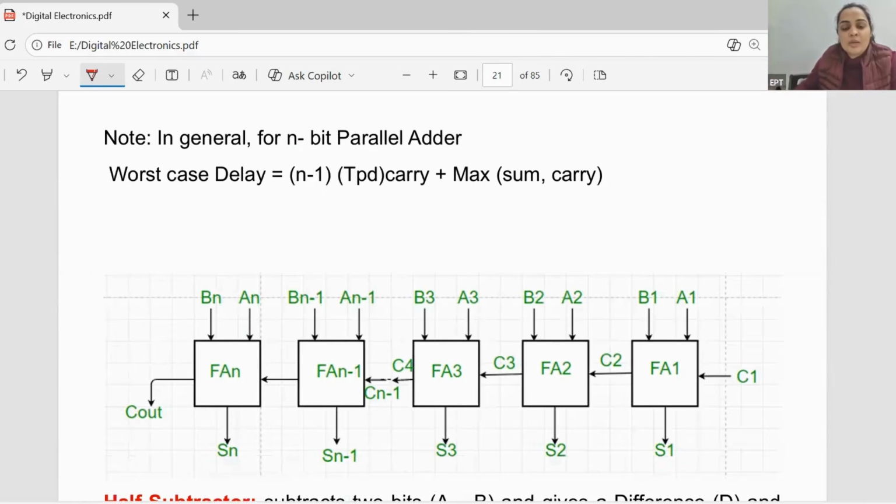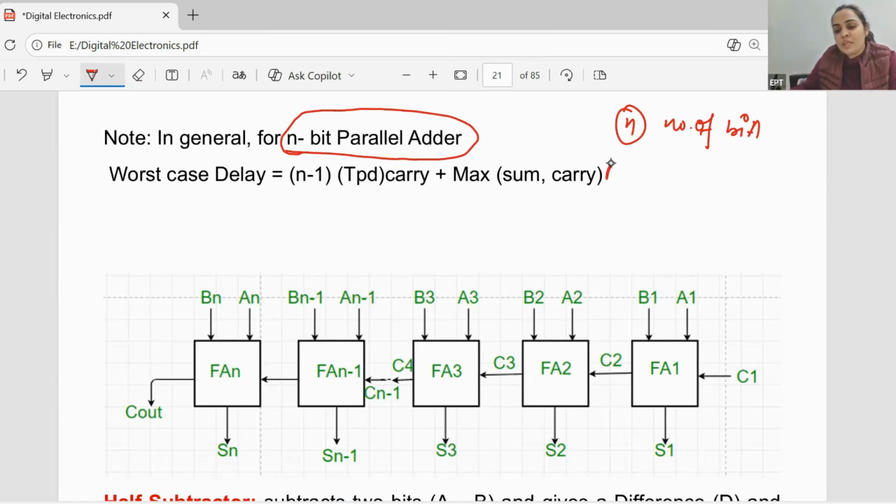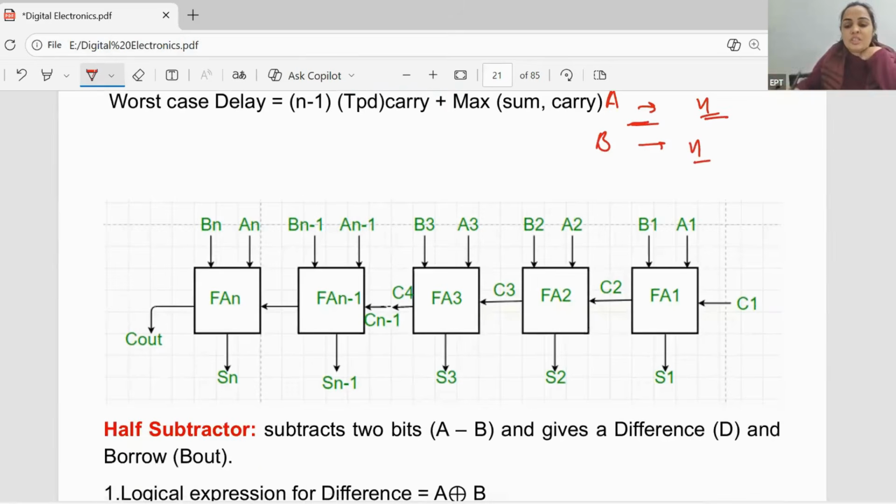Now see, n bit parallel adder. So if you are performing the addition operation on n number of bits, right? If you have 2 inputs A and B, so input A will have n number of bits, like 1010 like this. Okay, so the worst case delay, let's calculate. See, first you will add these 2 LSB bits, right?